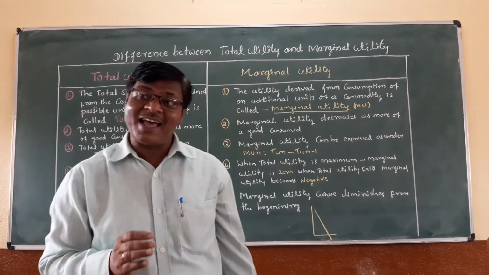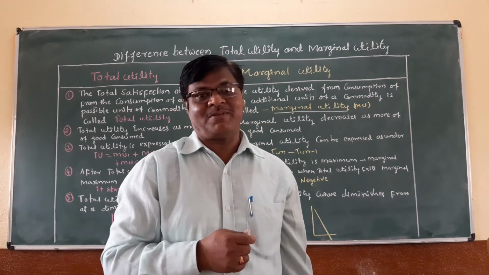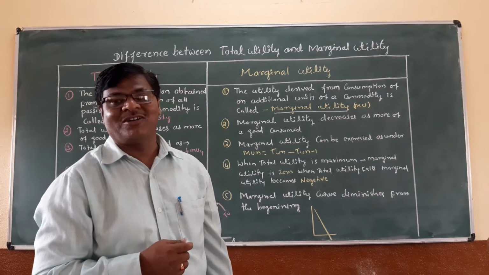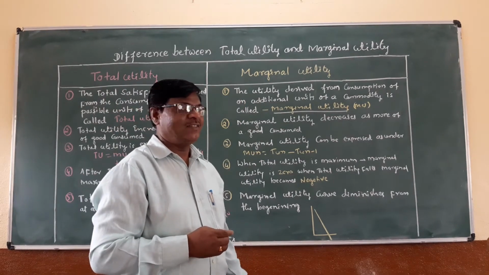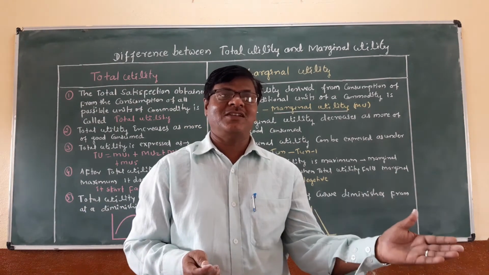Marginal utility is an extra utility derived from an additional unit of a commodity. This is the difference between total utility and marginal utility.